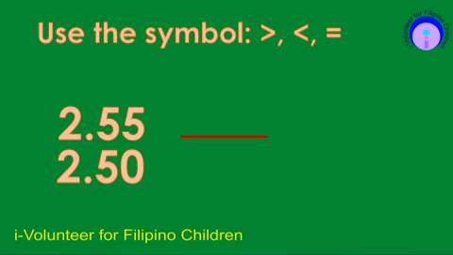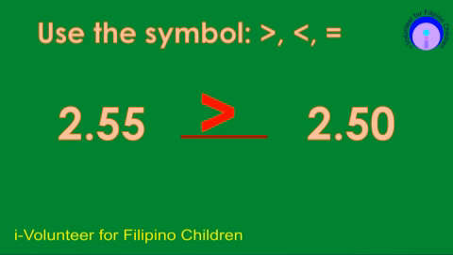Therefore, the symbol that we are going to use is greater than. This is read as 2 and 55 hundredths is greater than 2 and 50 hundredths.